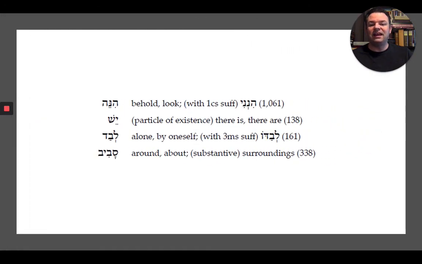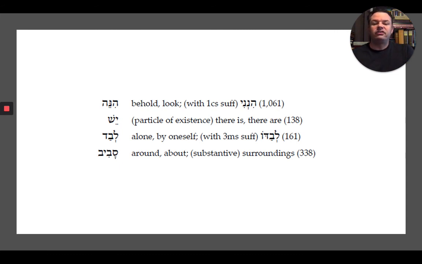Hineh, behold or look, like, and behold, there it was, is going to be very common, a little bit more than 1,000 times. Yesh: ayin is the particle for non-existence. Yesh is the particle of existence. So yesh sus means there is a horse.